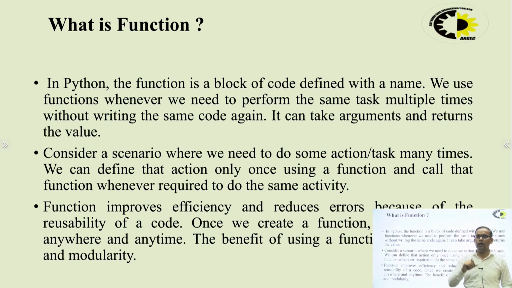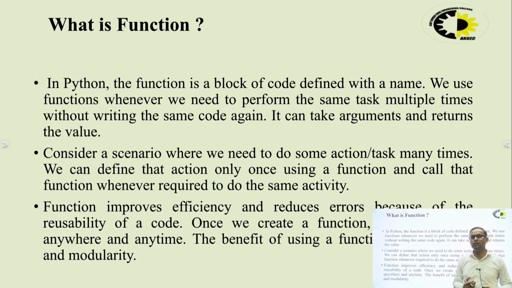Suppose we have to execute some code more than one time in a program. We require that particular line of code more than one time. So instead of writing those statements at every place, we write that block of code once and use it anywhere within the program. To use it anywhere, we simply call that function.